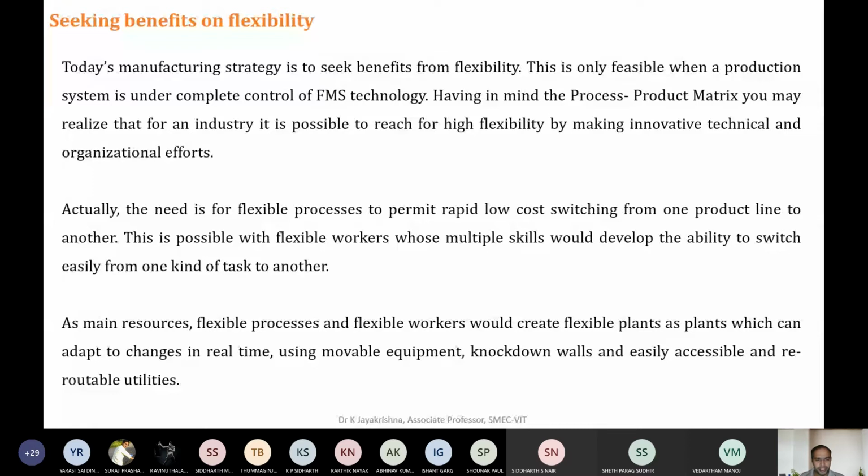When you have flexible workers and a flexible layout, or the flexibility to rearrange the machines in your workplace depending upon the requirement or the customer's demand, then we call that system a really flexible system.